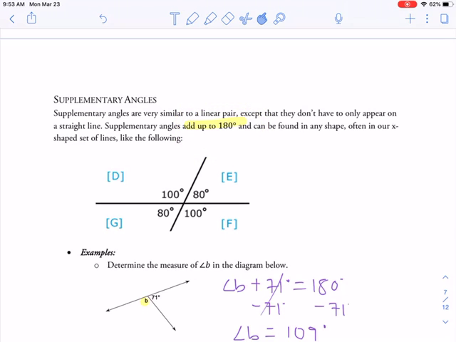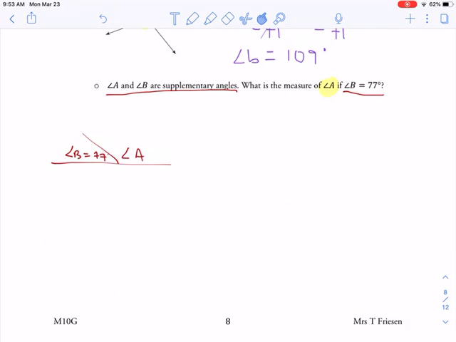Okay, so we're going to go back here and we're just going to do that math to figure that out. So we know that angle A plus 77, well, let's go back one more step. Okay, so we know that angle A plus angle B are equal to 180 degrees, right? So that's what we learned right here. And then we also know that angle B is equal to 77.